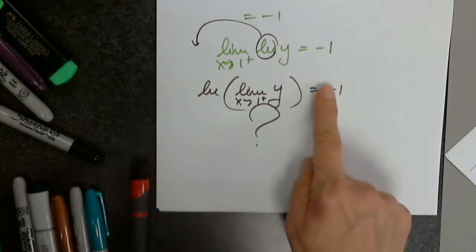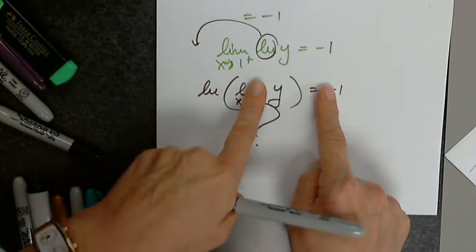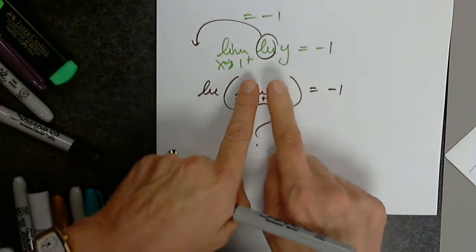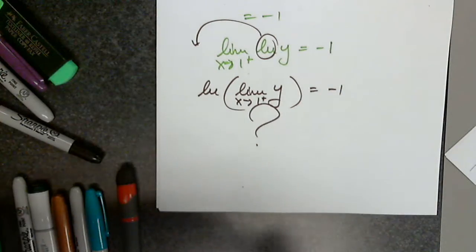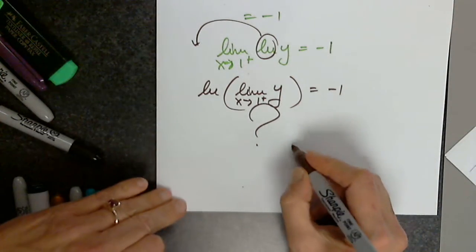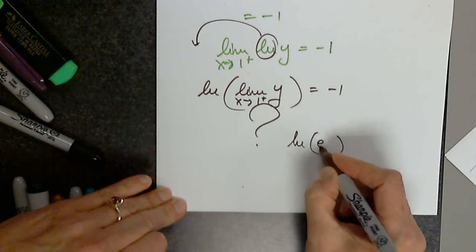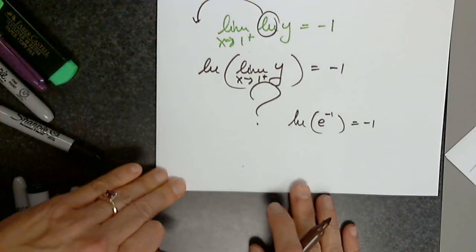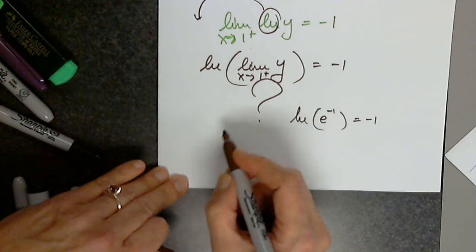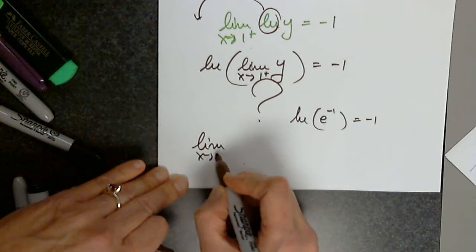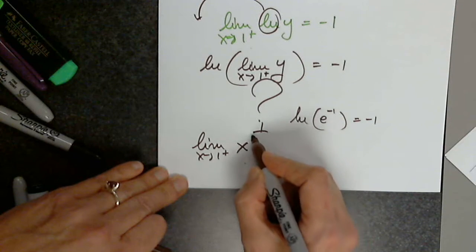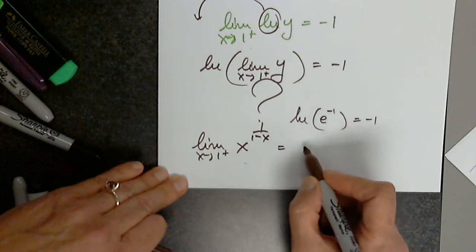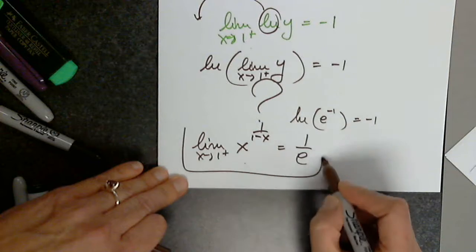So if I had positive 1, this would have been E. Natural log E is 1. But I need something else so I can get negative 1. Natural log e to negative 1. Indeed. So then I found the answer. Limit as x approaches 1 from the right of x raised to 1 over 1 minus x equals 1 over e.